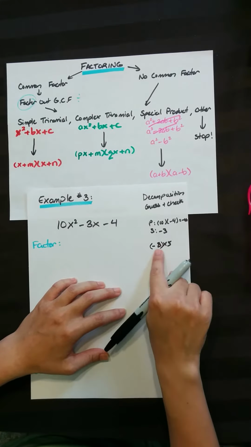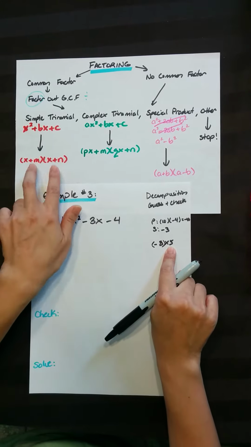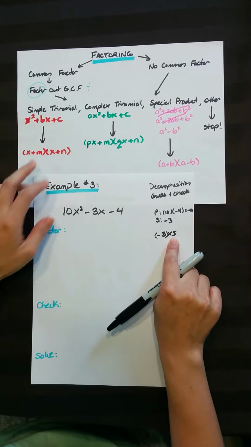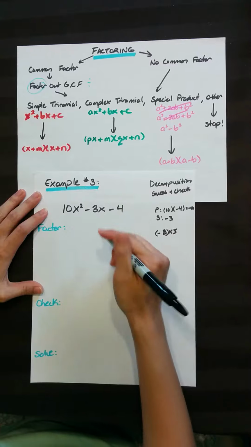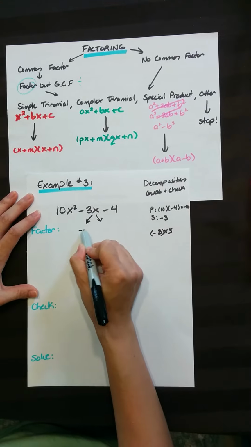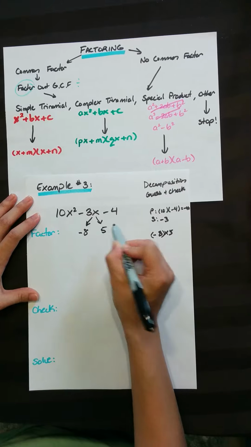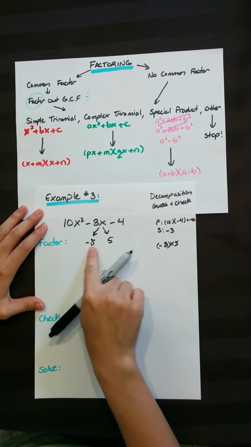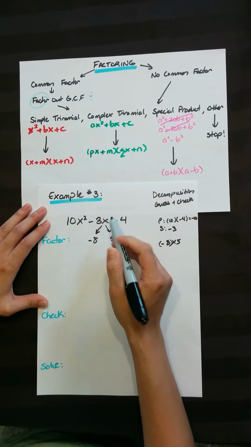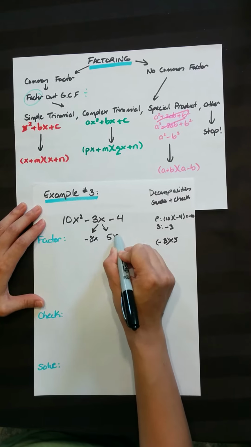Now, what do you do with these two numbers? Because you can't just stick them back into here like you did with the simple trinomial. It's a little bit different. So these two numbers, you're actually going to break up this middle term. You're going to put the -8 there and the 5 there. And again, you could switch the order. Doesn't really matter. Since this 3 has an x beside it, we're going to put an x beside each of these two.